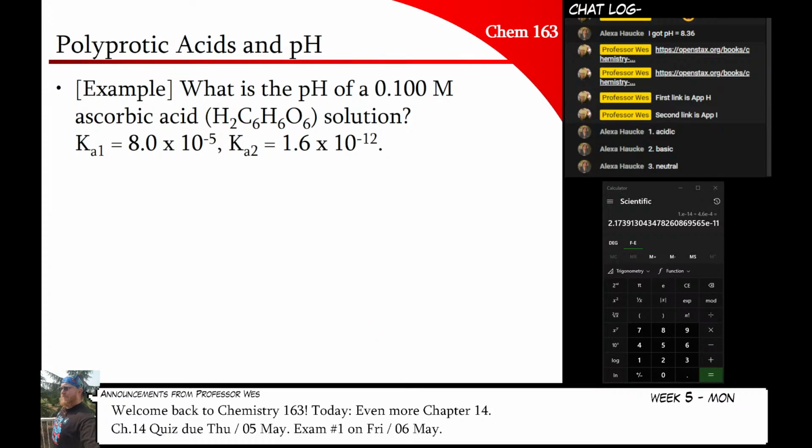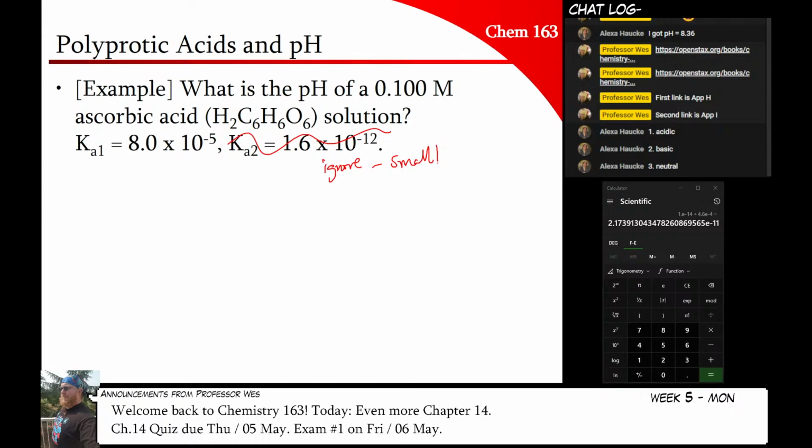Well, the second Ka is really, really, really small, right? So we're just going to say, whatever, ignore it, because it's tiny. And then we can do our weak acid problem for this first one.